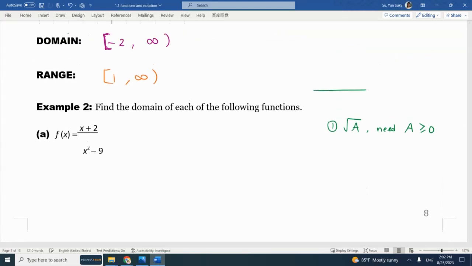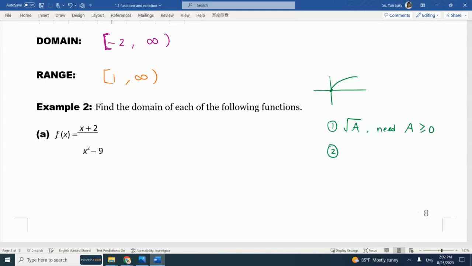Why is that? Again, what's the graph of square root? Like that, right? Do you see the domain is all greater or equal to 0? Do you have any points less than 0? No. So the domain, everything inside the square root must be greater or equal to 0.